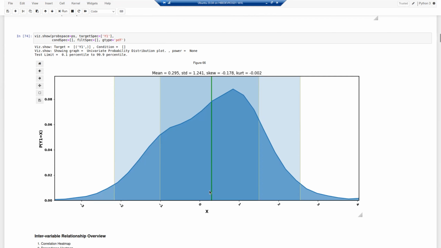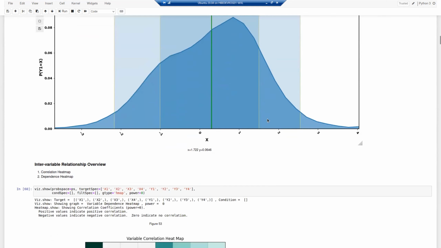The green line represents the mean, so you can see that this distribution is skewed far to the right. The shaded medium blue areas indicate 1 standard deviation from the mean, and the lighter blue show 2 standard deviations from the mean. So you can see the width of the distribution that way as well.